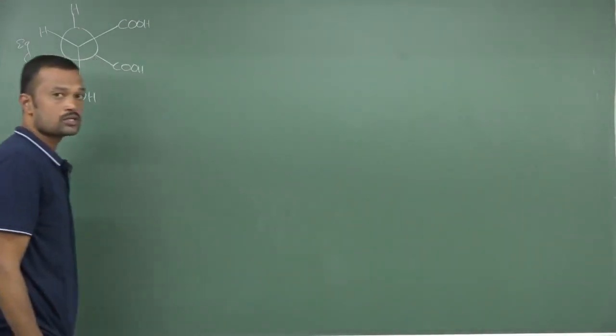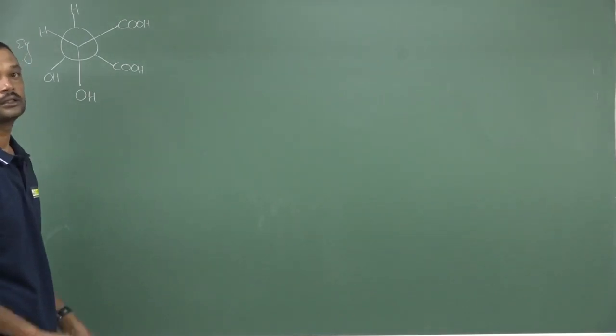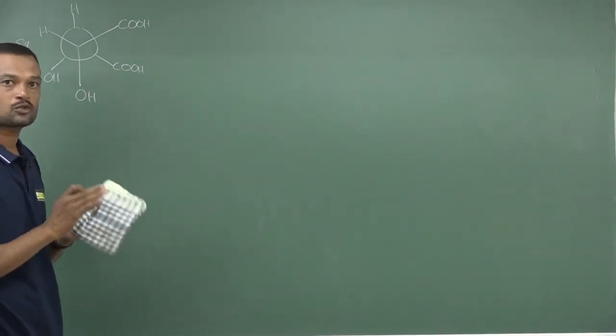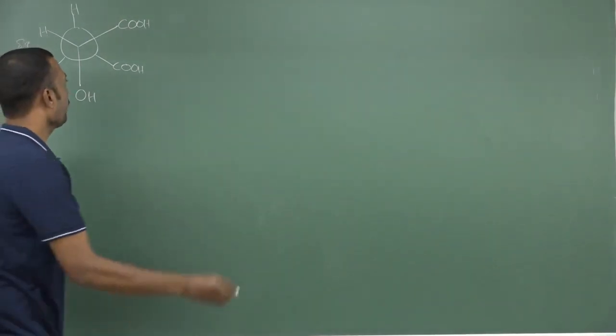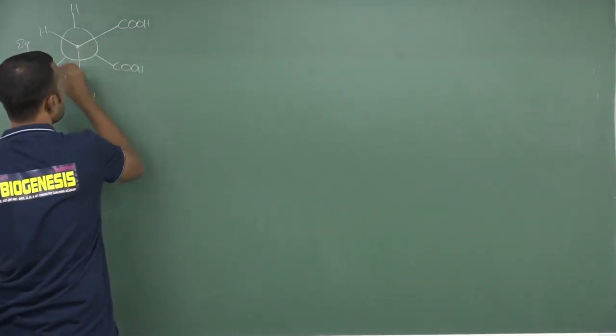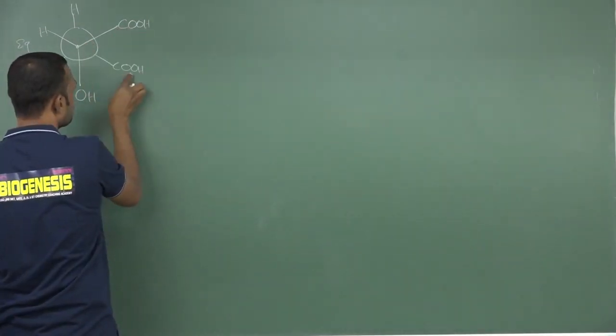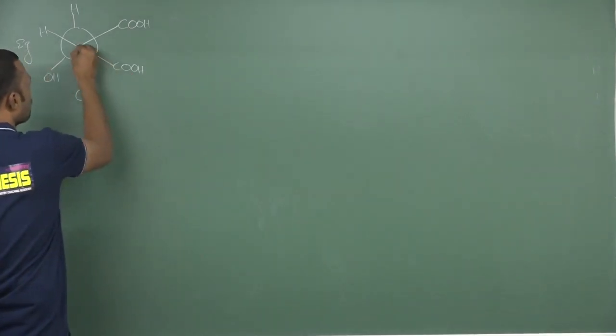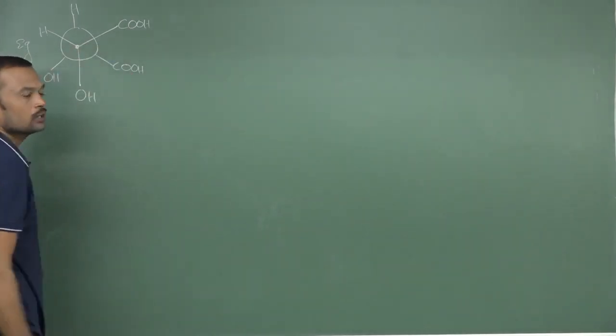Okay. So the first target is to bring the eclipsed conformer. If it is not eclipsed, bring it into the eclipsed conformer. So first I would like to rotate this carboxylic acid over here and this carboxylic acid over here, meaning I am rotating the front carbon about 120 and the rear carbon about 60.